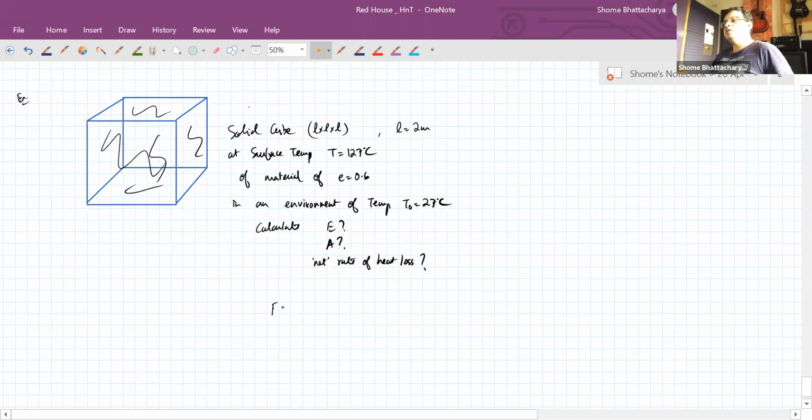So, emissive power will be E sigma into T to the power 4. So, here that will be 0.6 into 5.67 into 10 raised to minus 8 into, now see, this we have to convert. So, this will become 400 Kelvin.